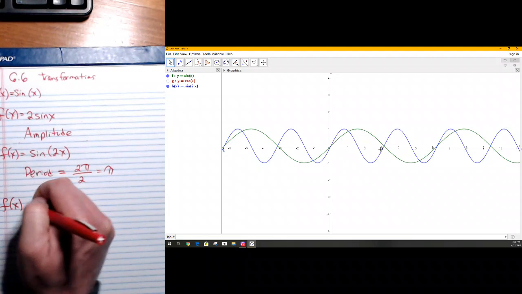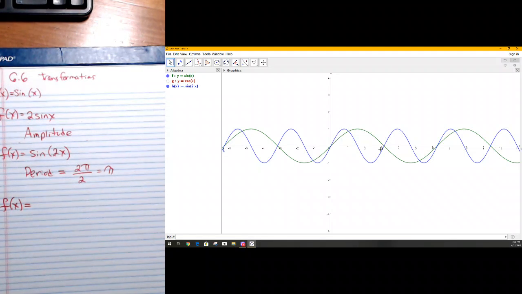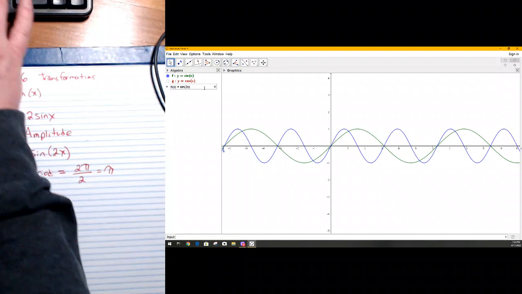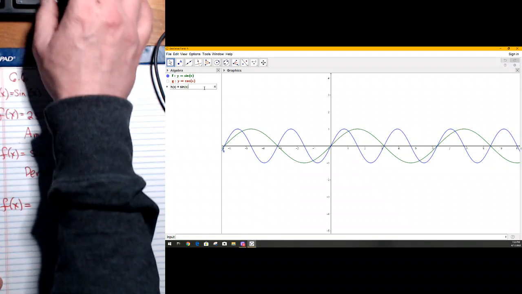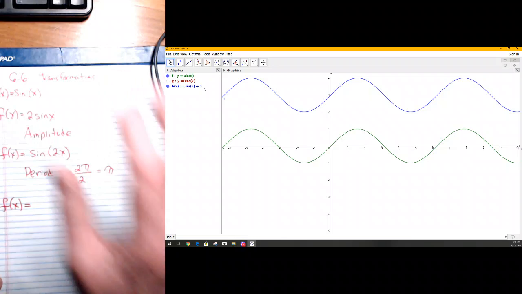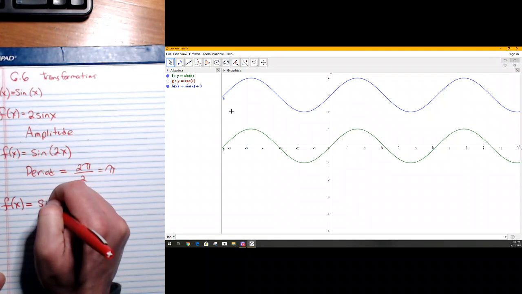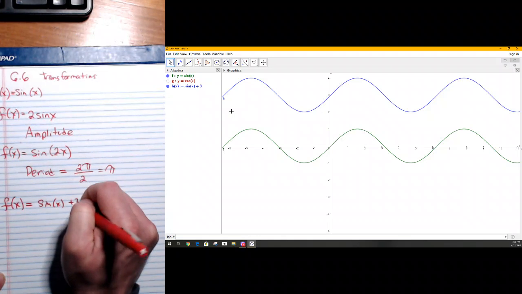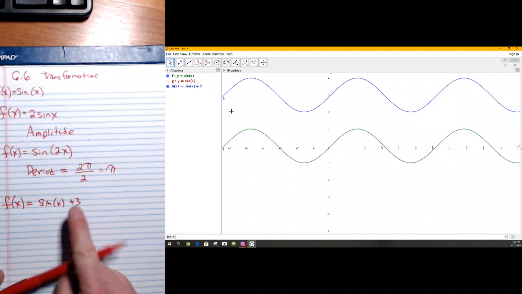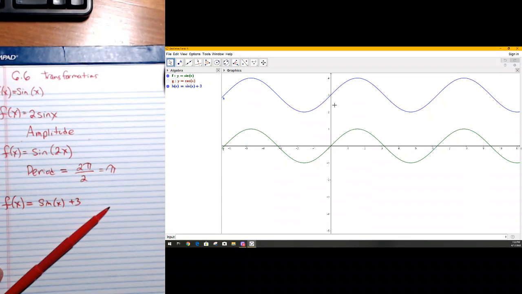The next attribute I want to look at is called the vertical shift. I'm going to change this function here. I'm going to add 3 to it. Now, the vertical shift, where we have sine of x plus 3 in this case, is going to shift that whole graph up 3 units.